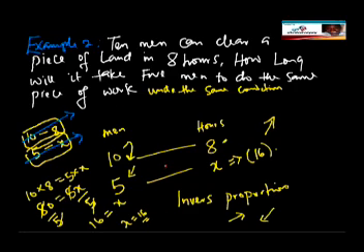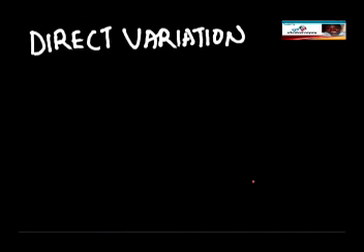Now I'm going to look at this very well in mathematics by looking closely at direct variation. When we talk about direct variation, we're talking about a variation that increases as the constraint increases. Now look at what happens here. If we say x varies directly as y, this is what you do.